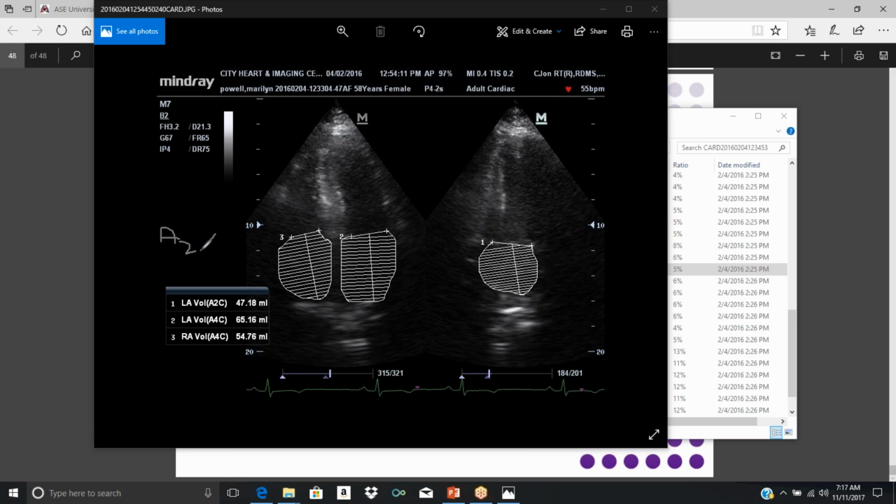And you're going to multiply it by the area you get in your 2-chamber view, call that area 1. And remember what we say, you divide it by the shortest length. So you're going to measure this length, you're going to measure that length. The shortest length, call that L1.